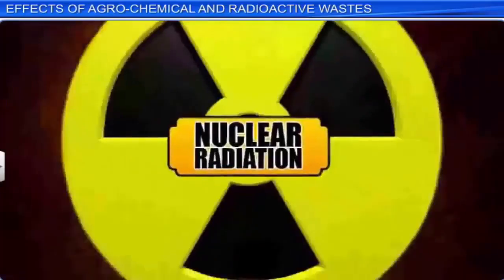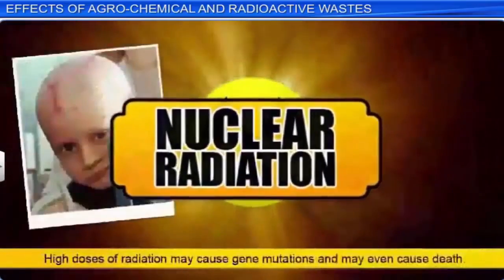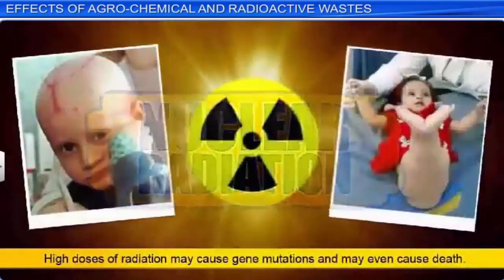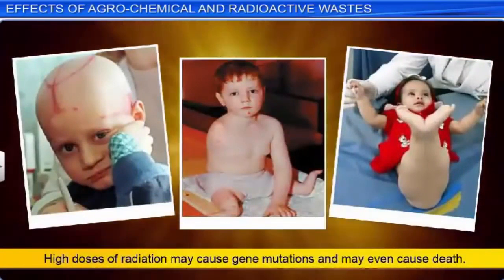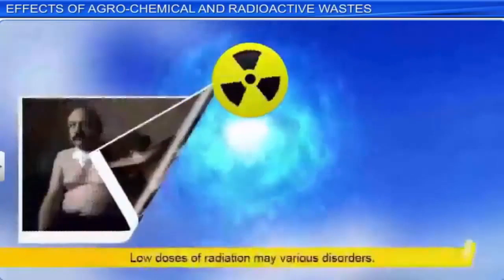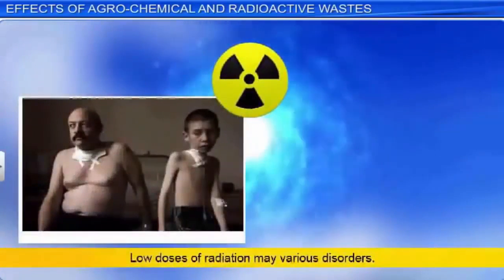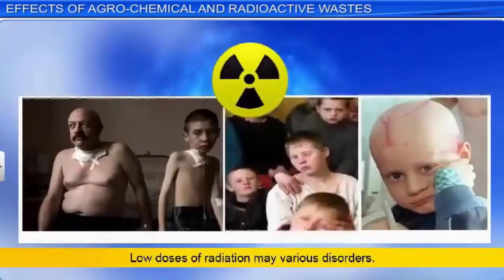Nuclear radiations are extremely harmful to organisms. High doses of radiation can cause gene mutations and may even cause death. At lower doses, these radiations cause various disorders, cancer being the most common.